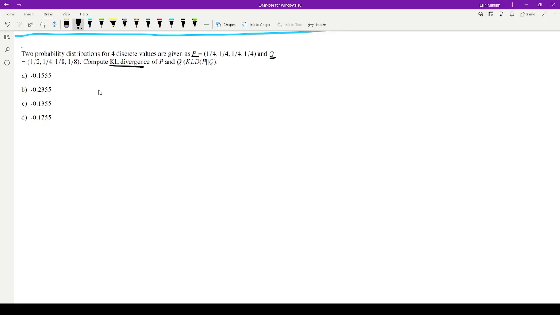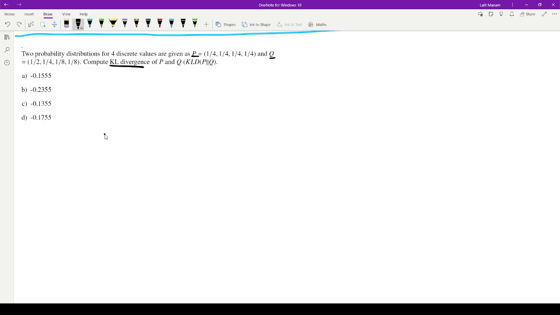It gives the difference of how much the two probability distributions are varying. Yes, so it gives how two probability distributions differ. For both the continuous and discrete versions you have different formulas: one has an integral for the continuous ones, and for the discrete ones we have the summation formula. So we need to compute the KL divergence of P and Q.